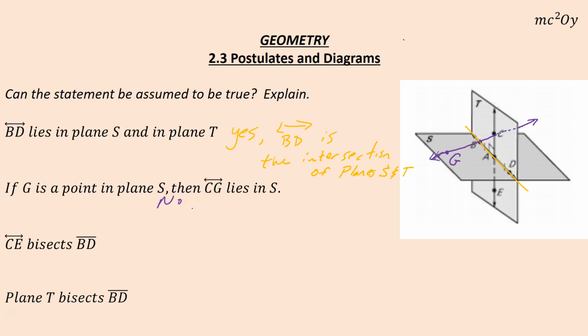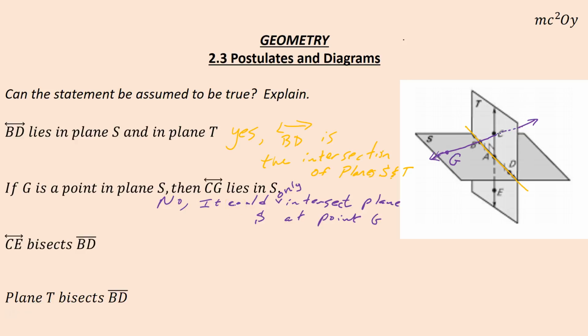CG does not necessarily have to lie on plane S. It could only intersect plane S at point G.